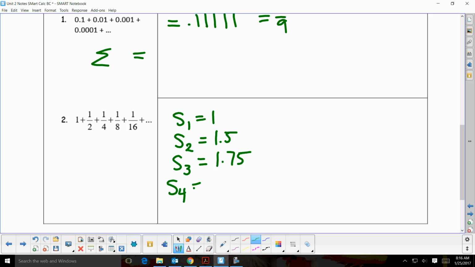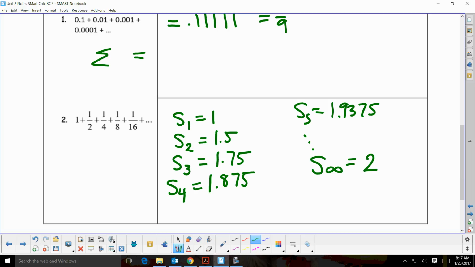The fourth partial sum would be 1.875. Good job. Awesome. Okay, the fifth partial sum, you got that? 1.9375. Okay. Can you start to see what this is going to approach? 2. That was my joke about going in and getting a root beer.